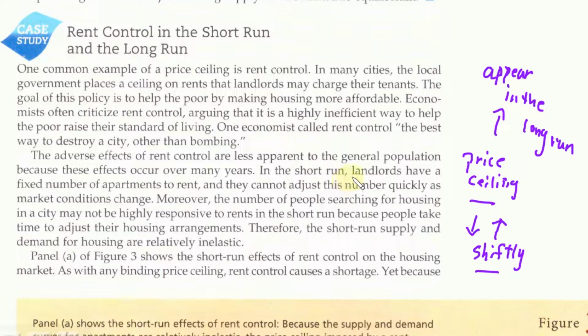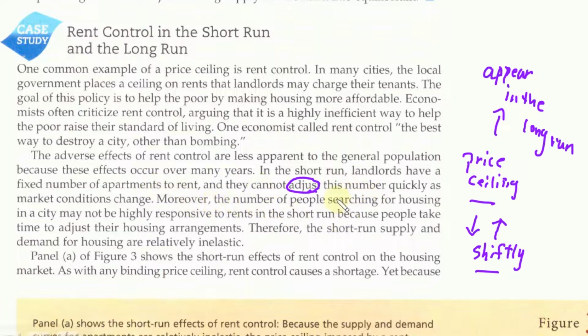Because the landlord has a fixed number of apartments to rent, they can't adjust, and need a longer time to adjust. That's because the impact of rental control will appear over a long time.